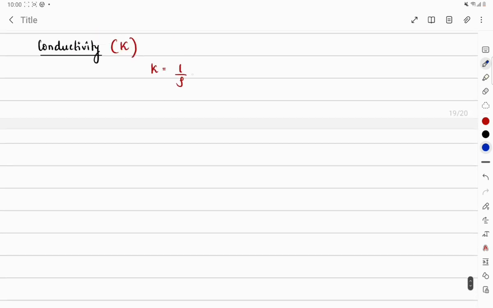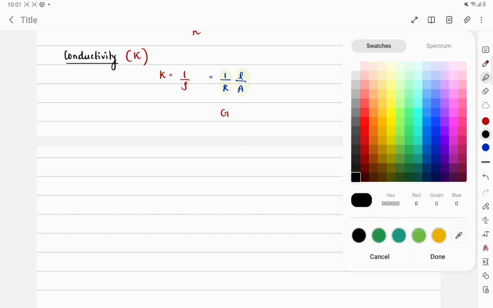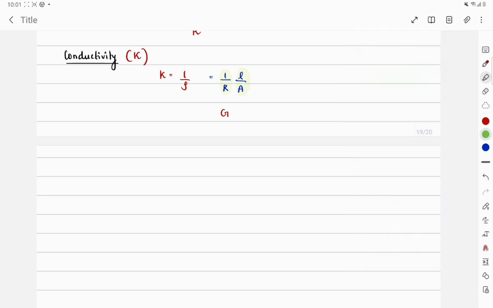So here we have 1 by rho. I can replace this as 1 by R into L by A. But I already know what is 1 by R, right? 1 by R is called G, conductance. And what is L by A? L by A is actually a constant value for a particular cell, and so we call it the cell constant.